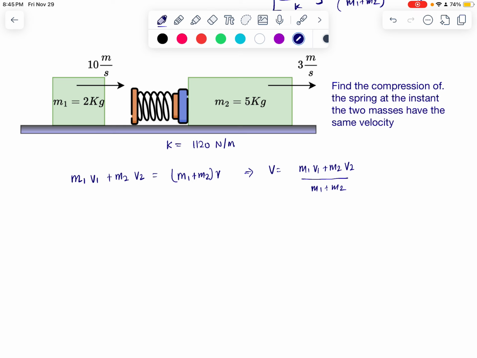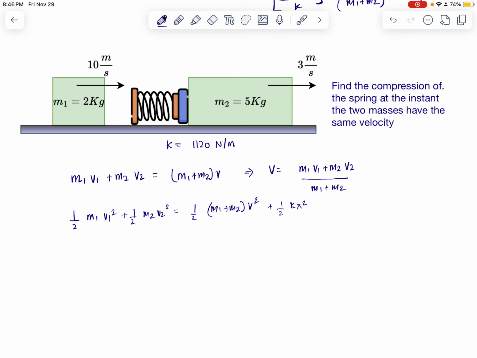One of the things that also happens is that the energy is conserved, because there are no dissipative forces here. So we can write the conservation of energy as half m1 v1 square plus half m2 v2 square equals half m1 plus m2 times v square plus half k x square.